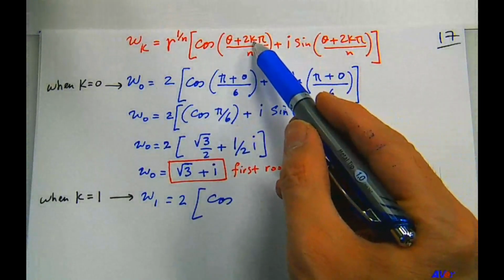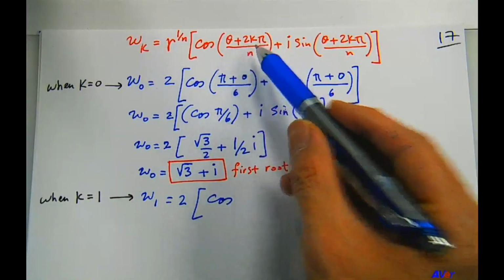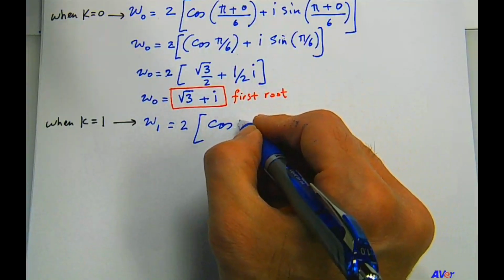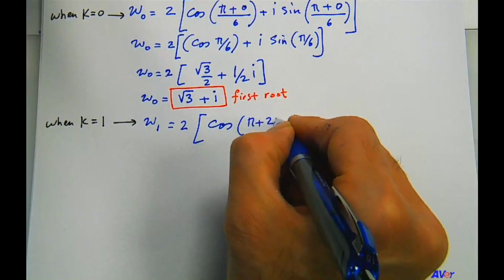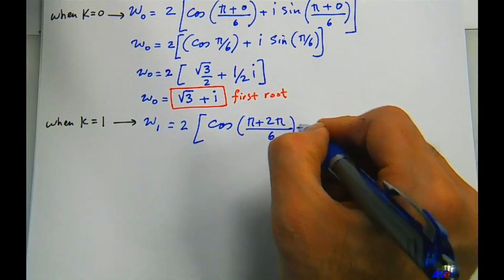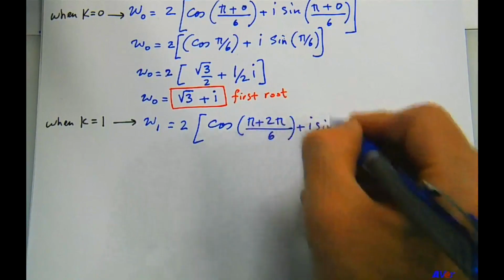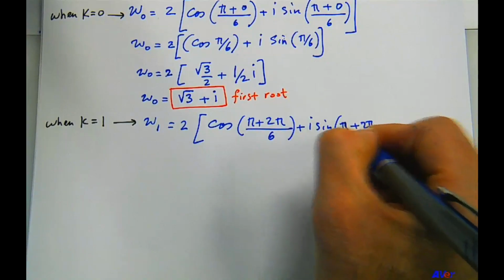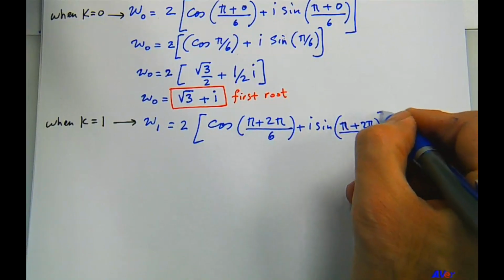So k is 1 now, so 2 pi. Theta plus 2 pi over 6. Pi plus 2 pi over 6 plus I sine of the same thing, pi plus 2 pi over 6.